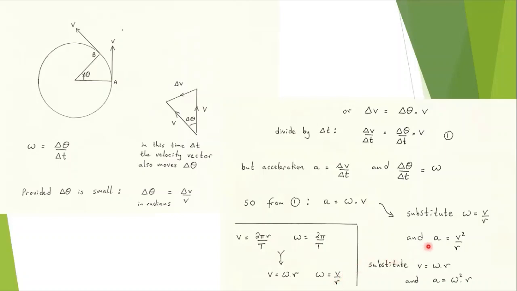So this means that the acceleration equals v over r times v, which is v squared over r. We could also substitute v equals omega r, and we get that this acceleration equals omega squared r. But for the moment, I'm going to focus on this equation for acceleration.